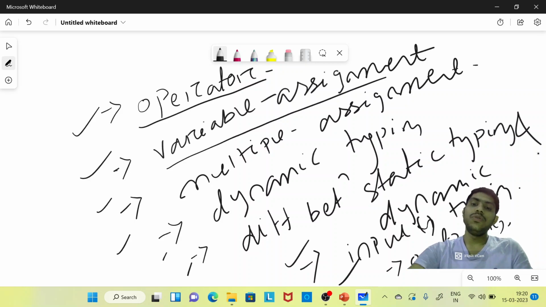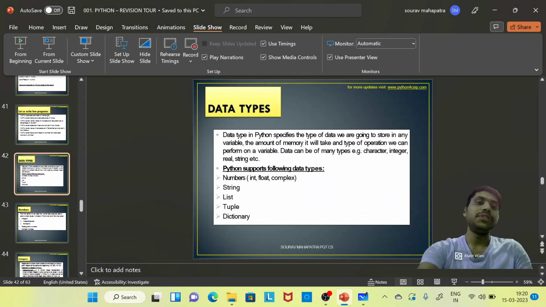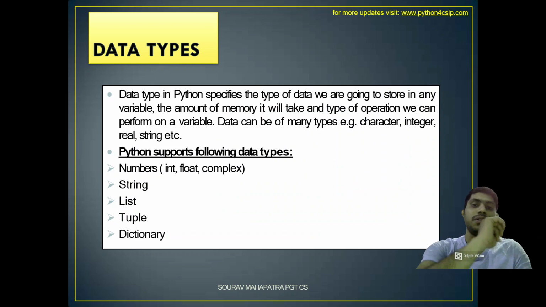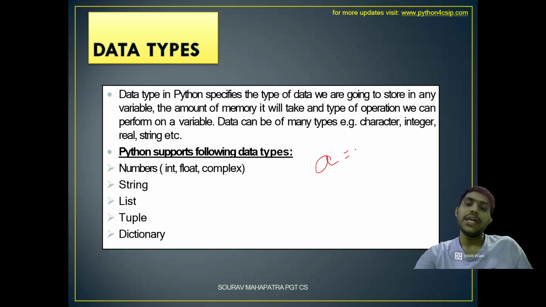Today we'll start the data types concept. Okay. So here, the data type in Python specifies the type of data we are going to store in any variable. Suppose you take a equal to 7.